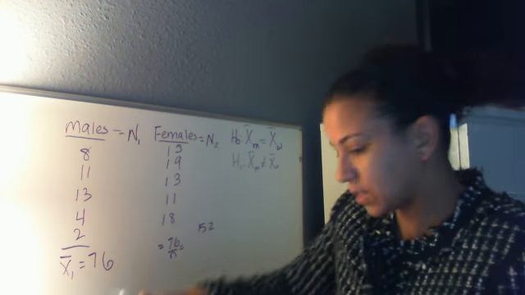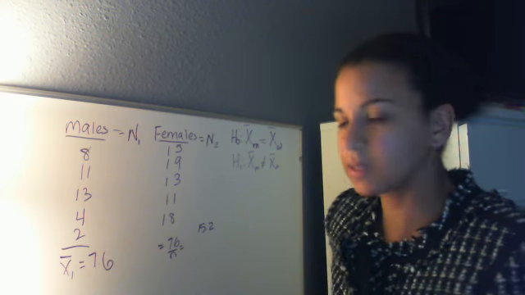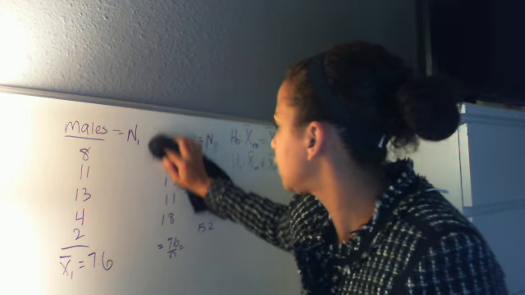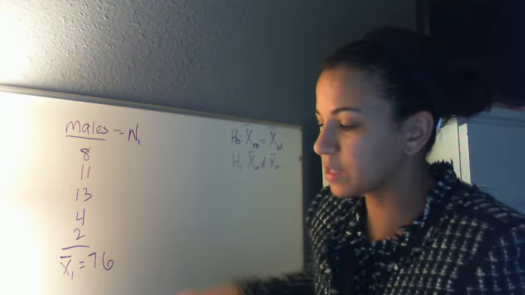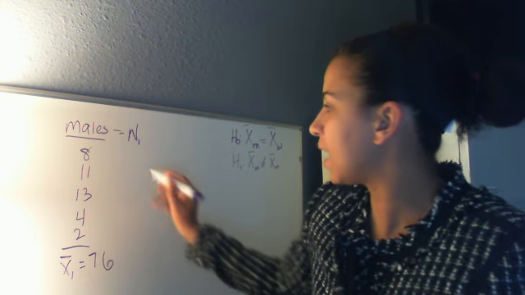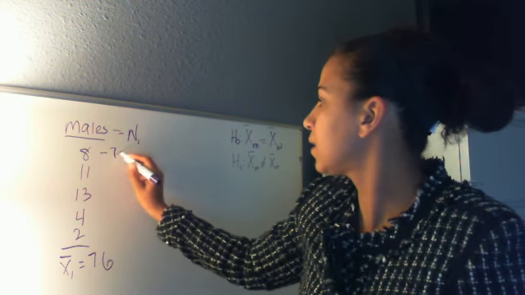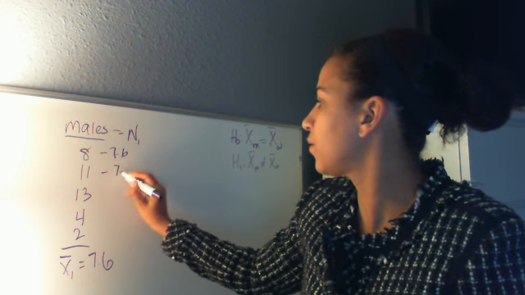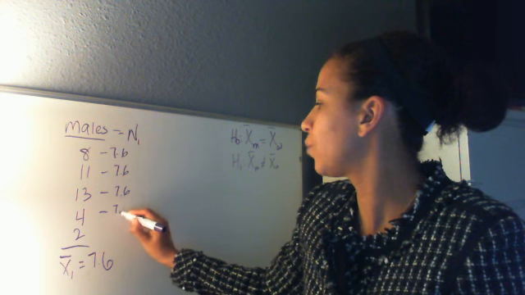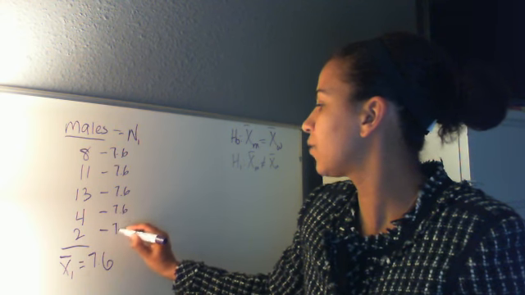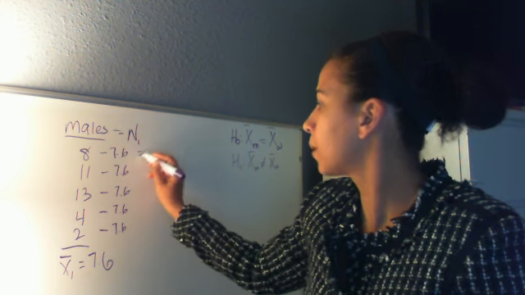Let me just make some room here. I'm going to erase this. I'm going to work out the male standard deviation and not the females because I don't have enough room here. But if I take the 8 minus 7.6, 11 minus 7.6, 13 minus 7.6, 4 minus 7.6, and 2 minus 7.6, okay?